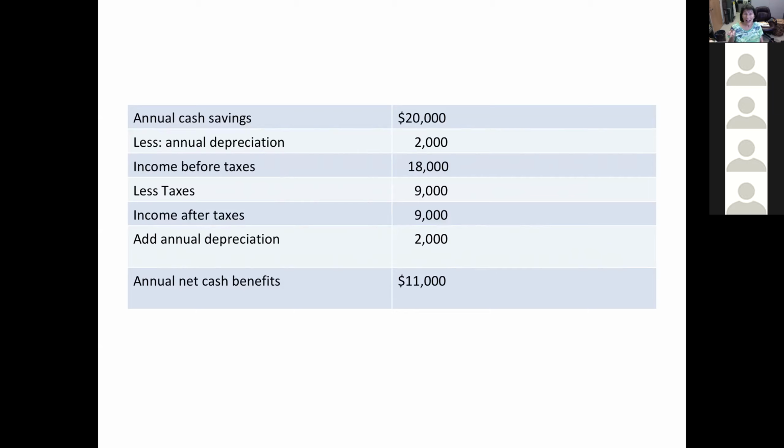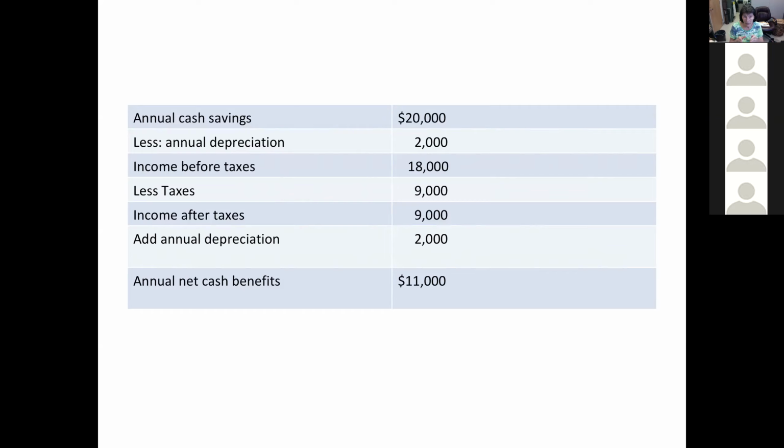But what are we actually going to plug into our spreadsheet? 11,000, because buying and using this machine really let us reduce our tax payment. So that's reducing the cost, sort of, in a way, that year of all the other stuff we're doing. So you're really getting a net cash benefit of $11,000.